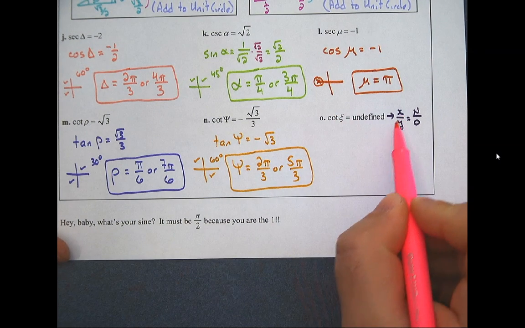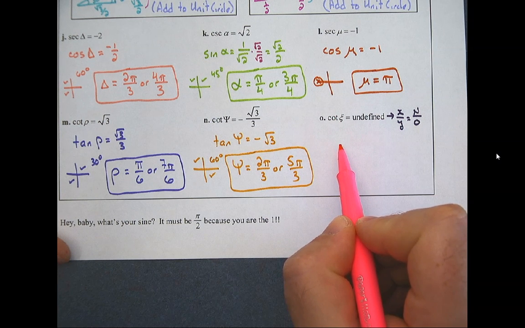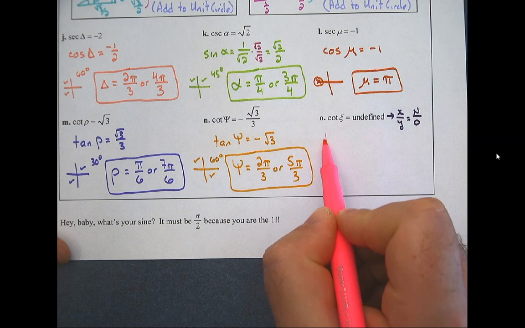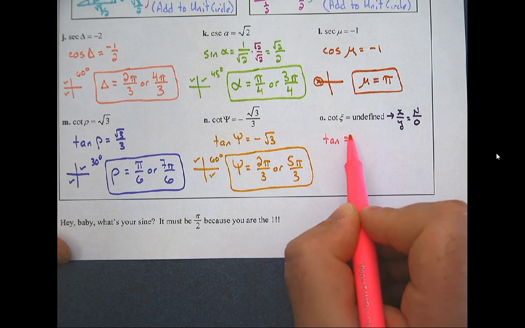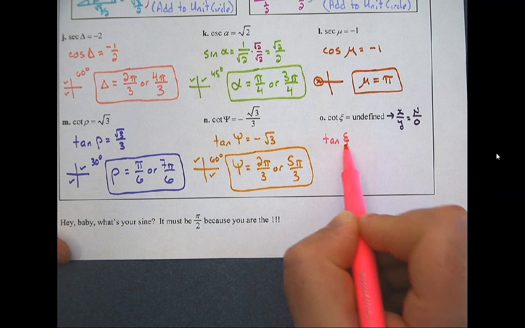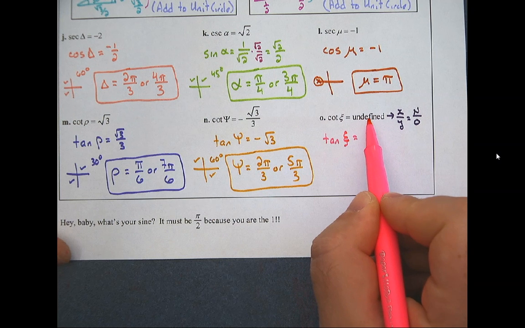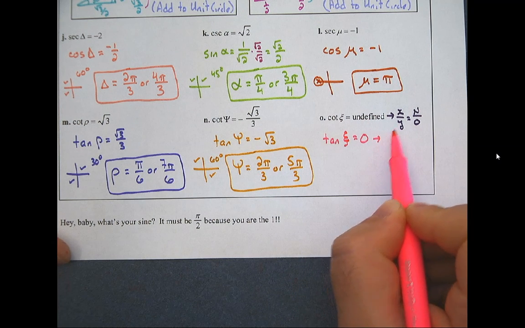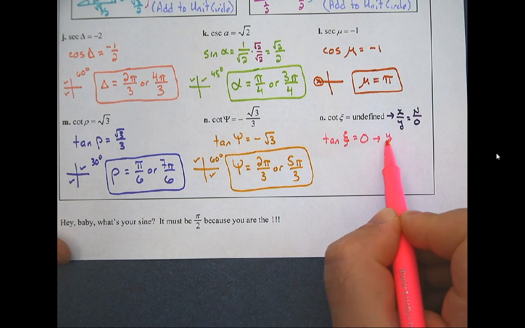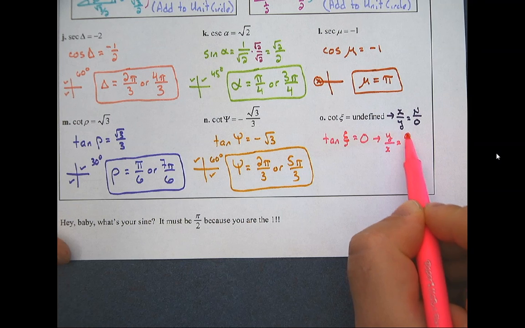If I reciprocal this, the reciprocal of cotangent is now tangent. And tangent is equal to, what's the reciprocal of undefined, would be 0. So as a reminder, what's the reciprocal of x over y? Y over x, which is nice because that's tangent. But now this is no longer no good.